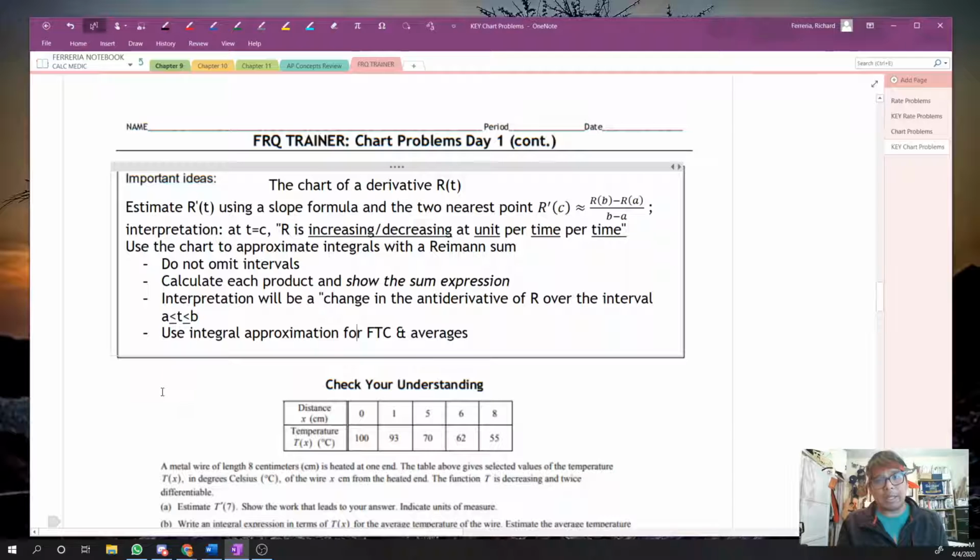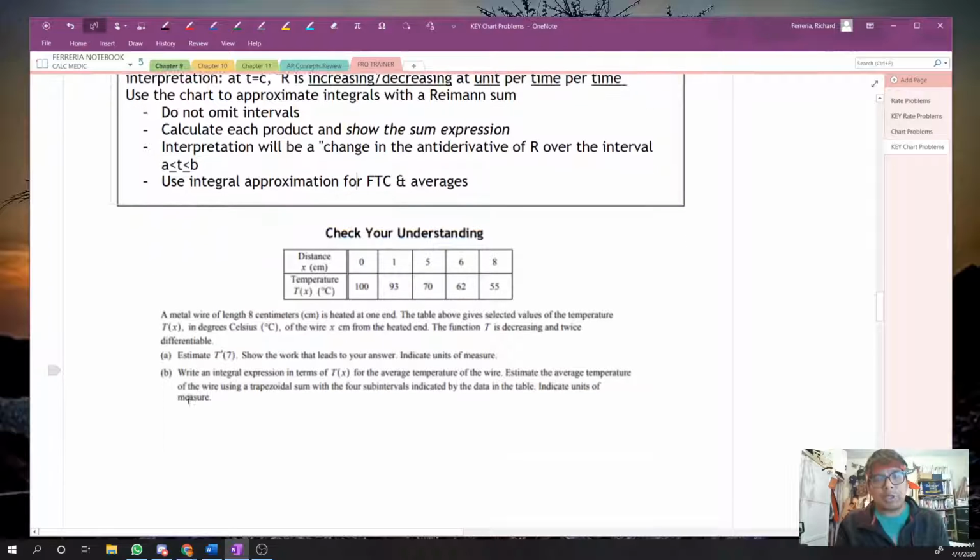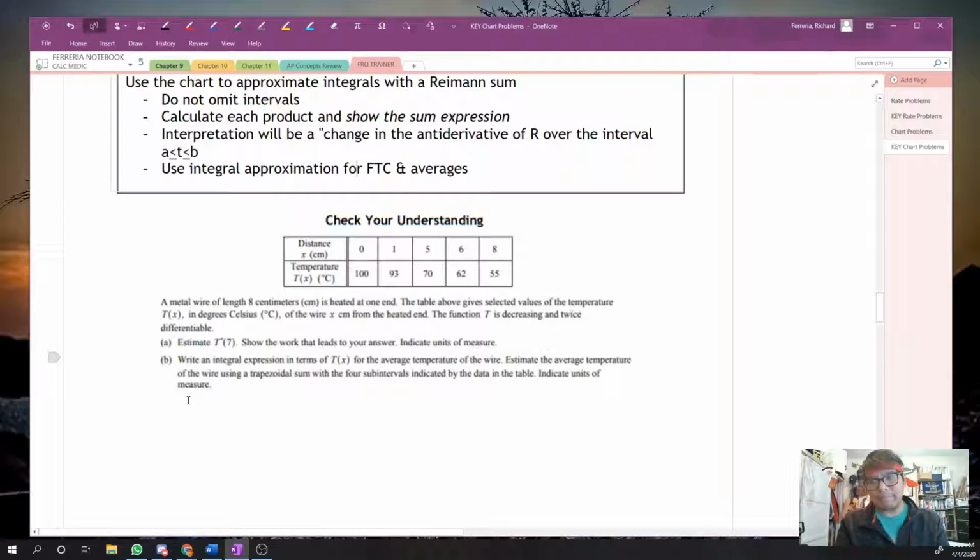So that brings us to, and of course you can pause it anytime you want if you want to look at that again, that brings us to our check your understanding. A metal wire, 8 centimeters in length, is heated on one end. The table shows selected values of the temperature T in degrees Celsius of the wire, heated from one end, or from the heated end.